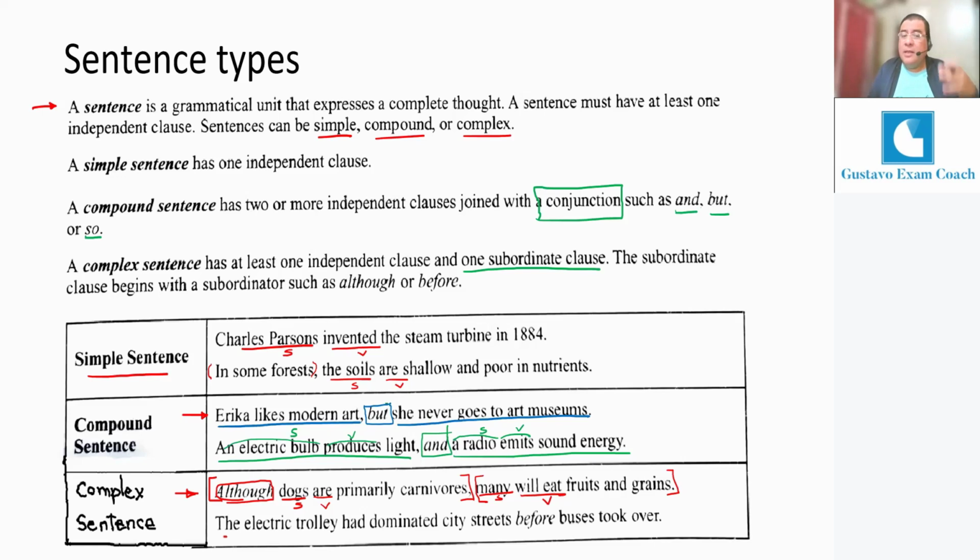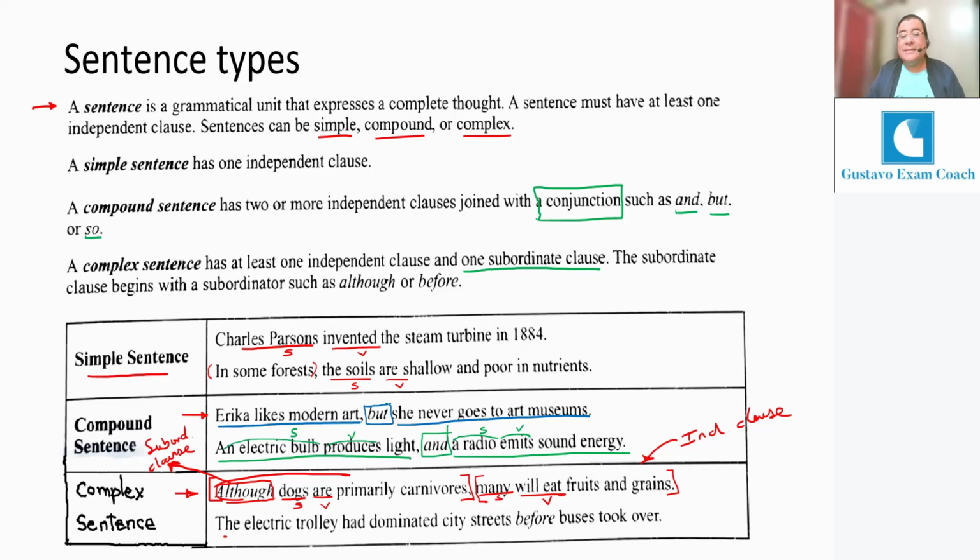Although dogs are primarily carnivores, they don't eat as much meat as lions, for example. Or like here, although dogs are primarily carnivores, many will eat fruits and grains. Some contrast with the clause that follows. This is our independent clause, right? And this is our subordinate clause. Putting them together, the first attached to the second in meaning, we have a complex sentence. A very basic complex sentence, by the way.